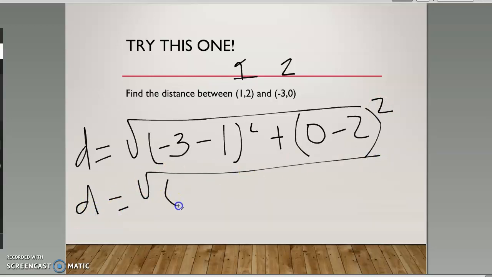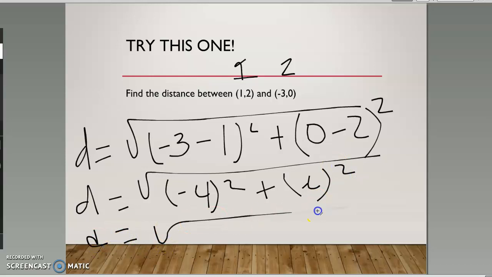Following order of operations, we get negative 4 squared plus negative 2 squared. So I get 16 plus 4, which is 20. And the square root of 20 is 4.47.